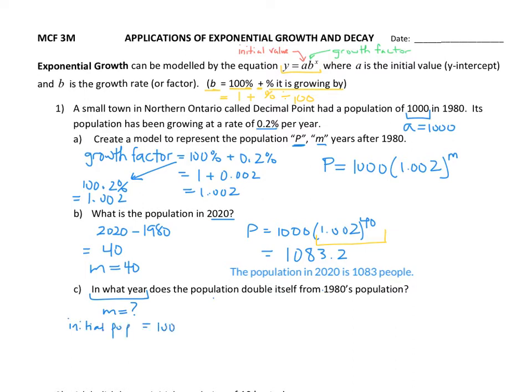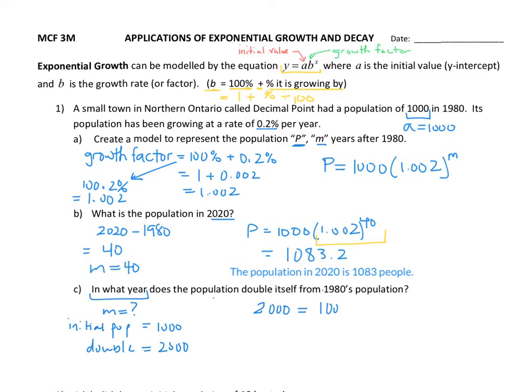If we double that, we get 2,000. So that's what the population value is. That's the P. So we're going to put 2,000 in for our population.